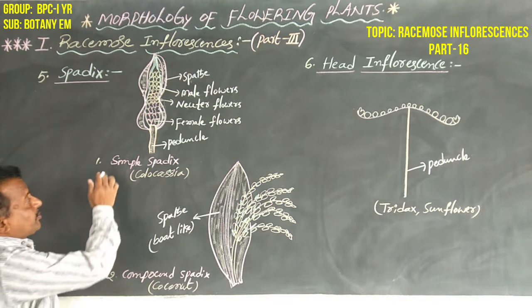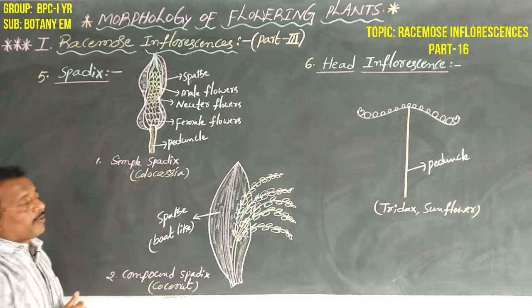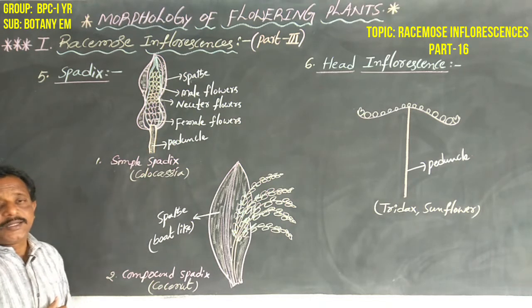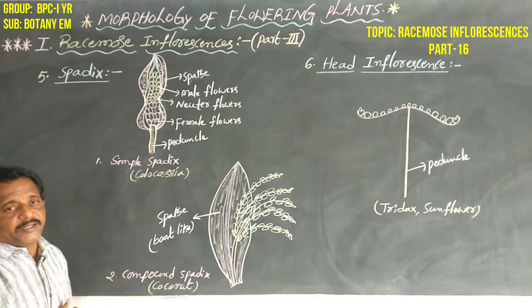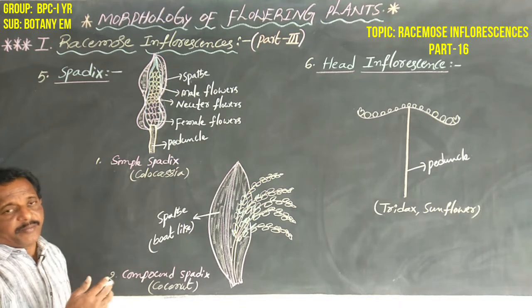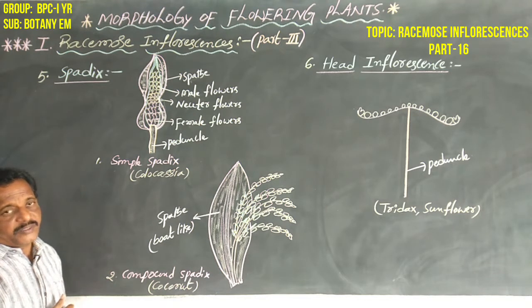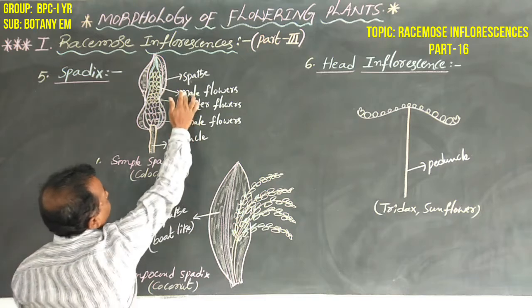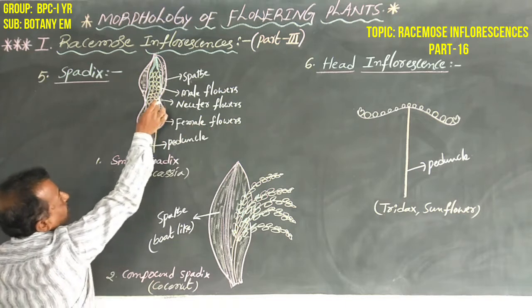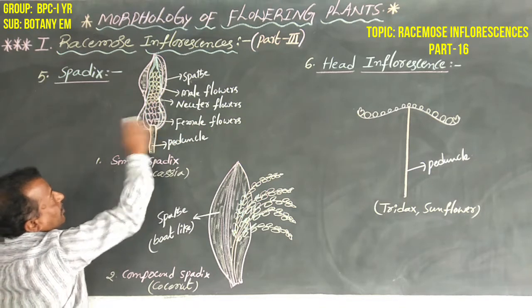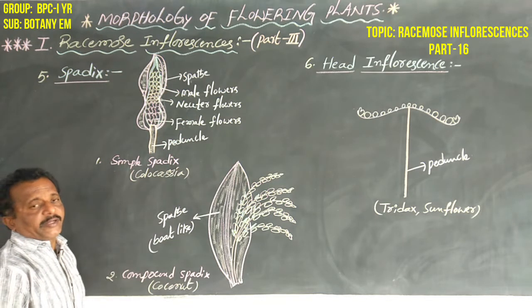Simple spadix is seen in Colocasia, where the peduncle is unbranched with sessile, unisexual flowers in acropetal manner, but the arrangement of flowers differs. Here these are female flowers, these are male flowers, and these are neuter flowers. Female flowers are always at the bottom of the peduncle, and male flowers always at the top.